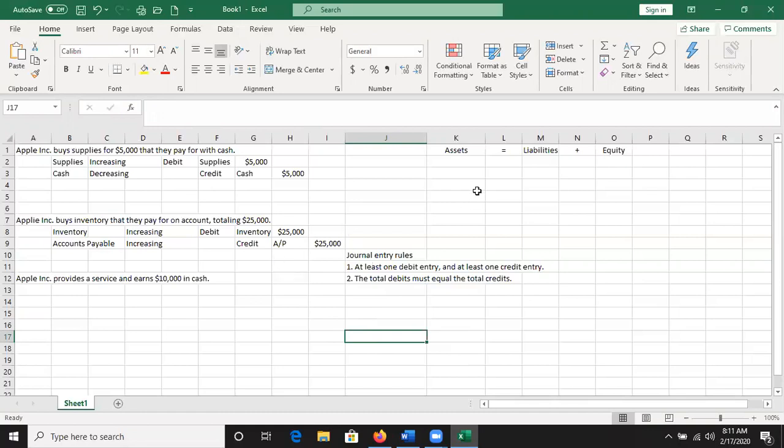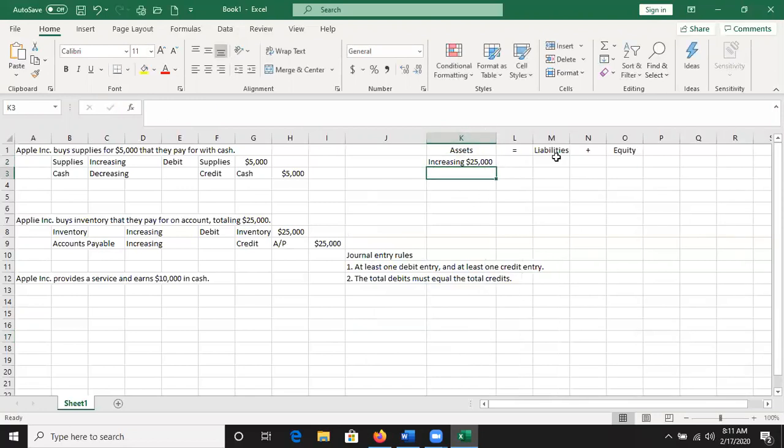Now let's bring it to the accounting equation quick. Inventory is an asset. When you debit it, we just said you're increasing it. So assets are increasing 25,000. Now, in this same journal entry, something has to happen to make sure this stays in balance. Either assets now have to decrease 25,000 with a credit, or something on this side has to increase 25,000 as well.